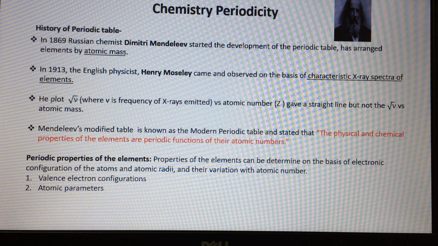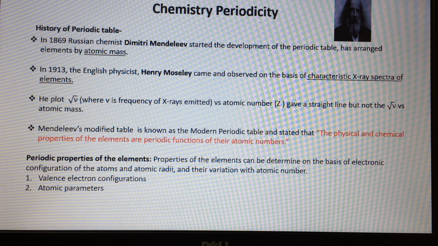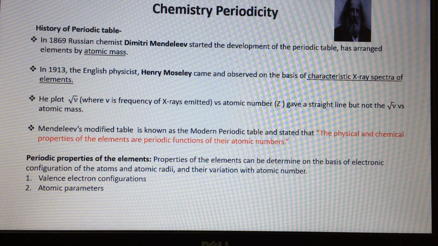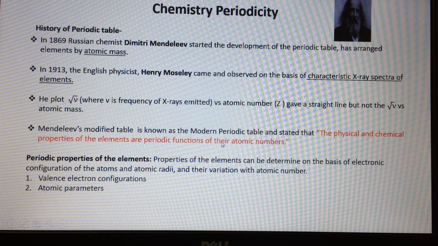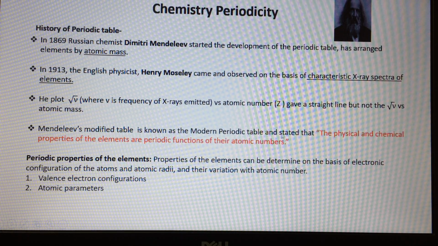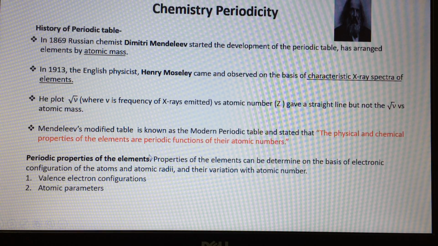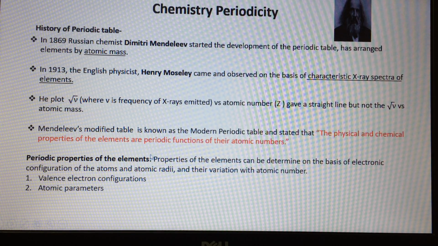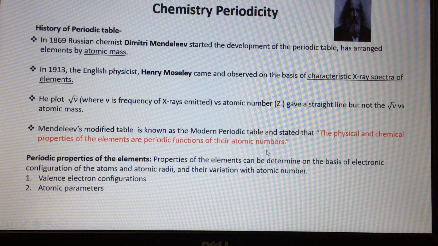Therefore they decided that this straight line will give the same features and properties on the basis of atomic numbers. So they modified the Mendeleev table, and the new table is known as the modern periodic table, and it states that the physical and chemical properties of elements are the periodic function of their atomic numbers.